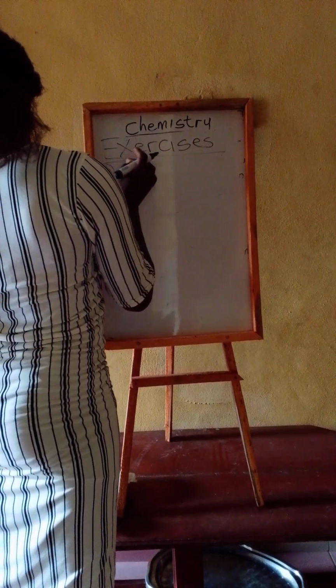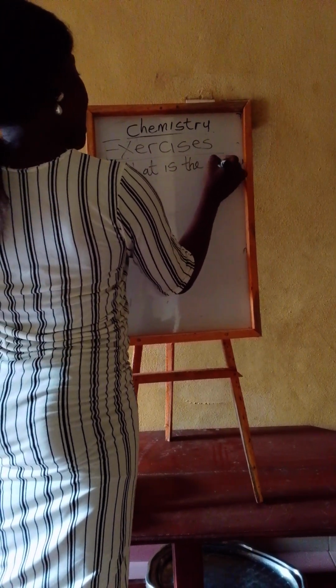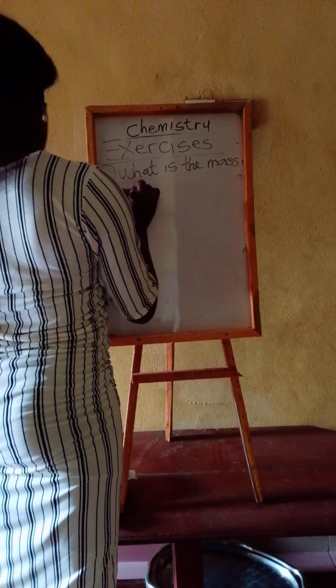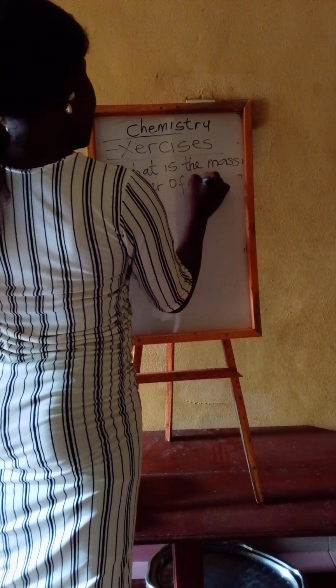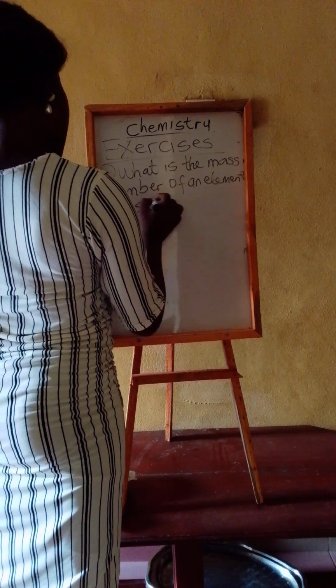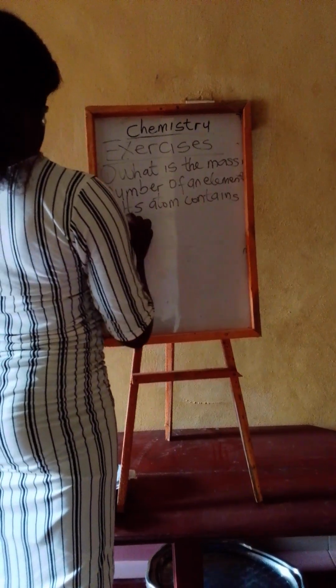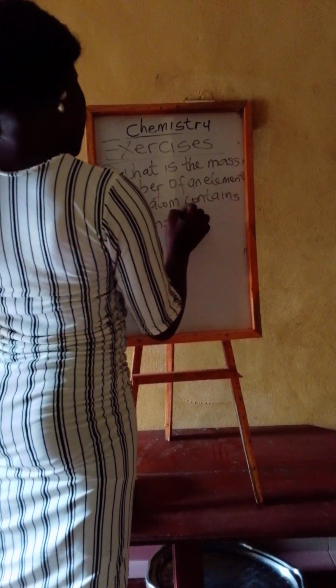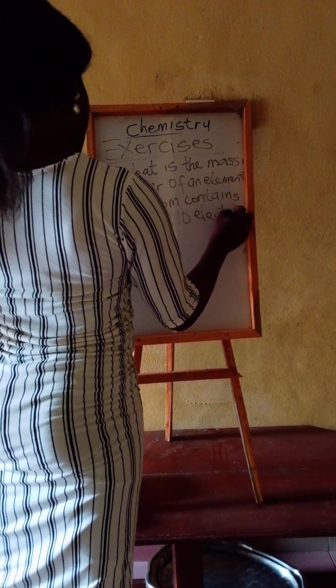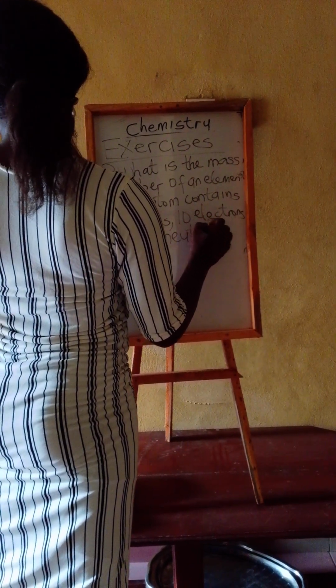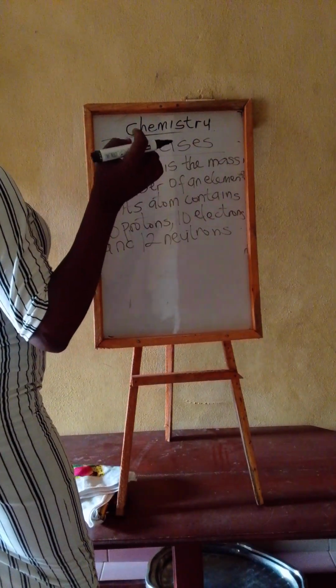Number 1: what is the mass number of an element if its atom contains 10 protons, 10 electrons, and 12 neutrons?